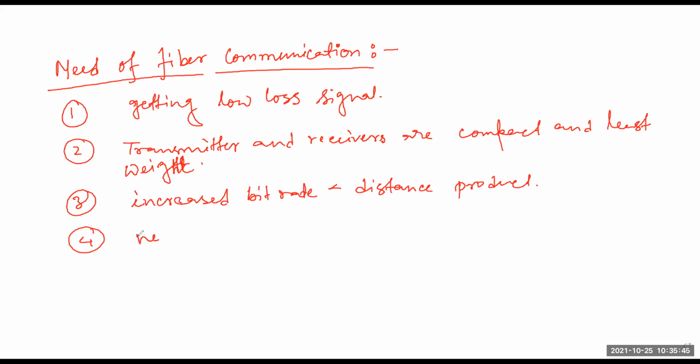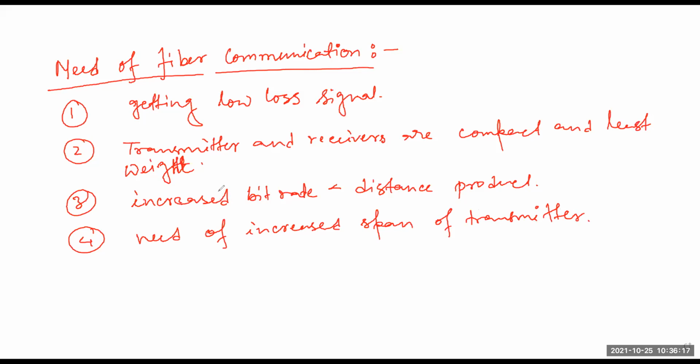Okay, so here it is the need of an increased span of transmitter. These are the needs of fiber optical communication systems, or we are getting the advantage from the fiber optical communication system.